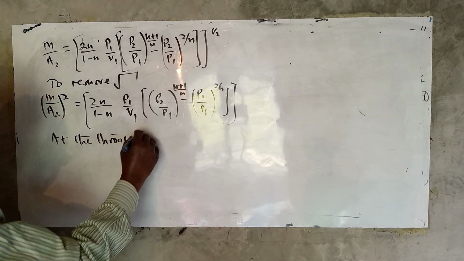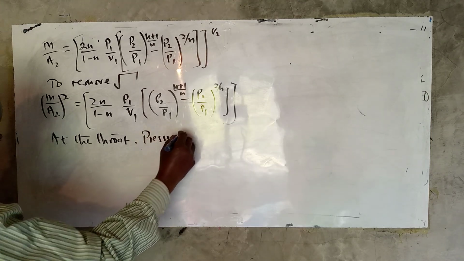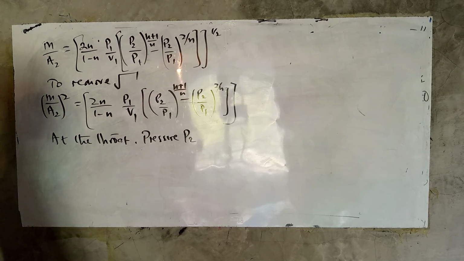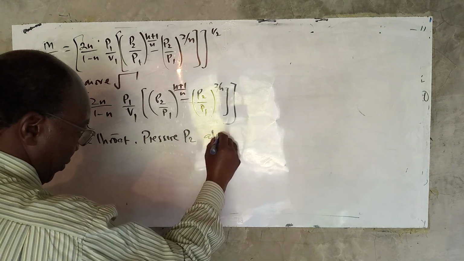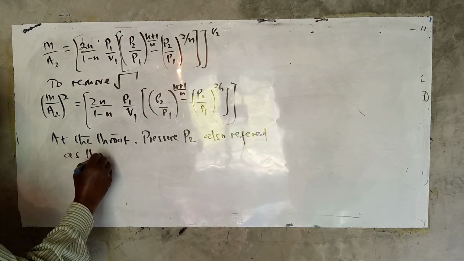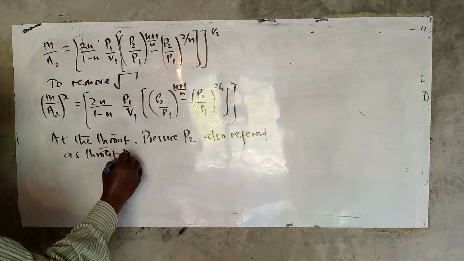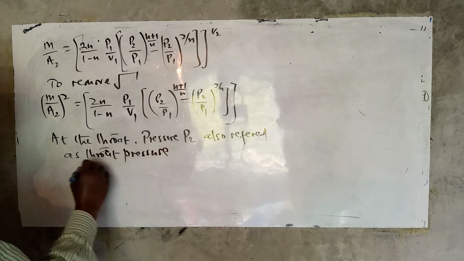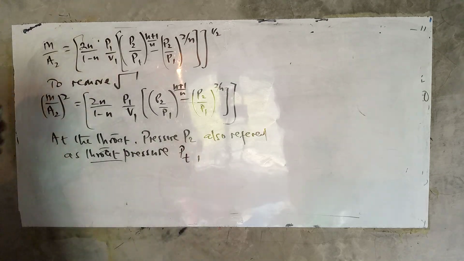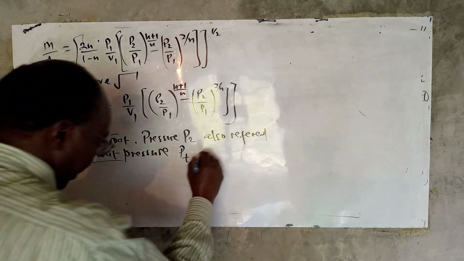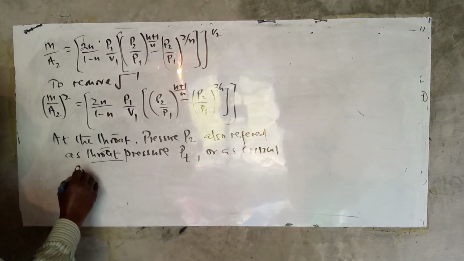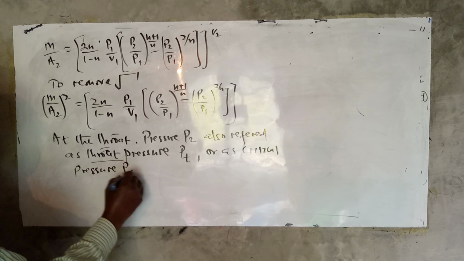The pressure P2, which you can also call the throat pressure, let's call that PT, or the critical pressure, PC.